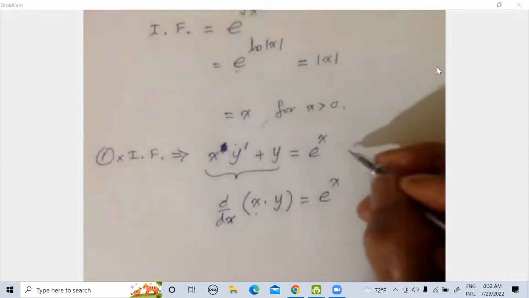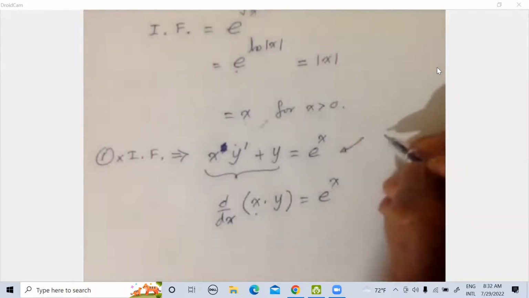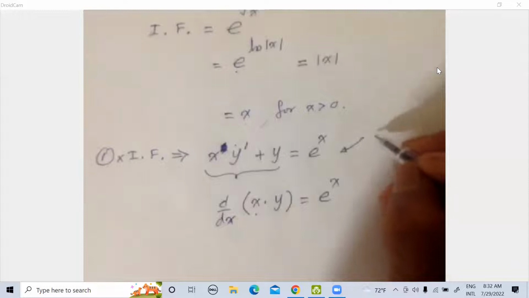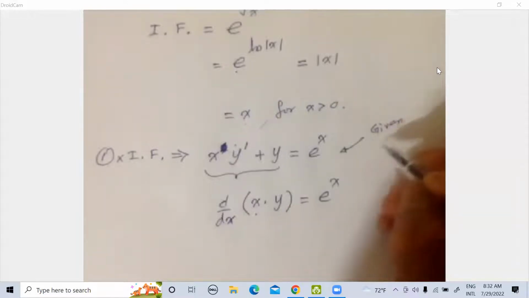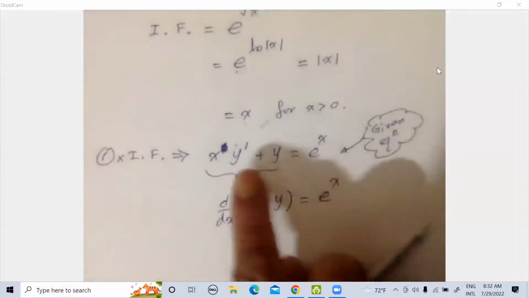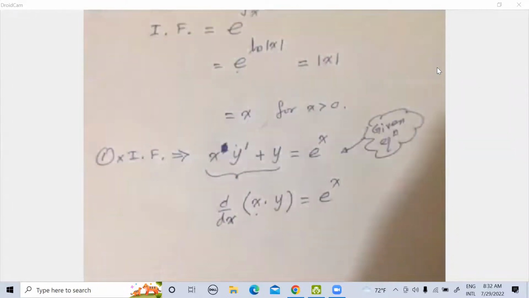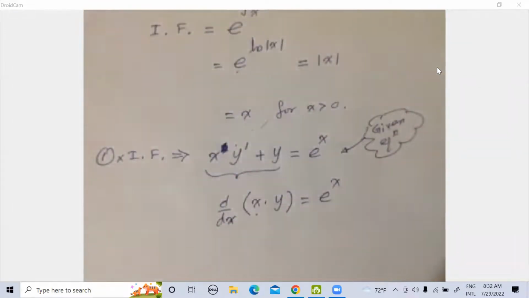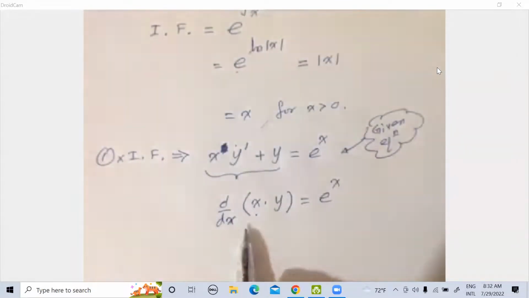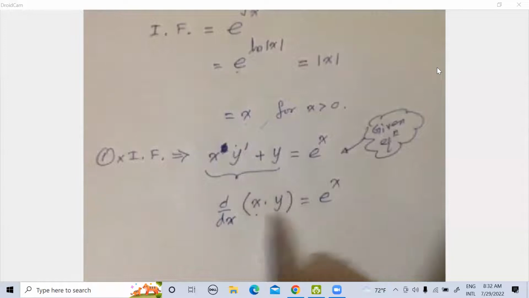This is the original equation, the given equation. But now we understand it better. If you can just by looking at this say it is this, as some students do, then you don't have to have the integrating factor. It doesn't matter, what we want is to solve. But our standard procedure gives you this.